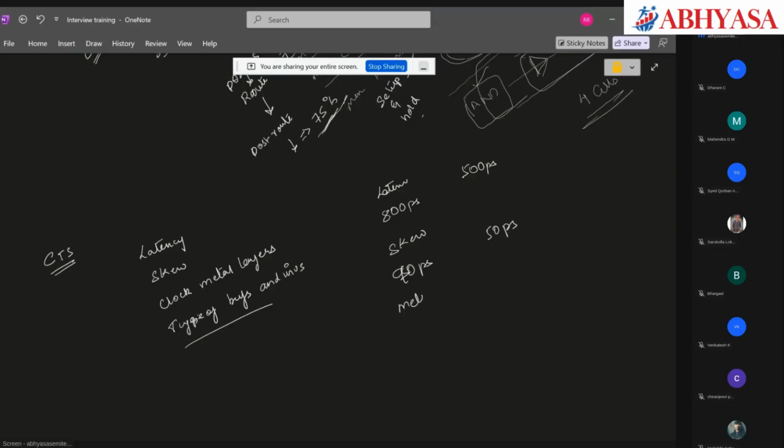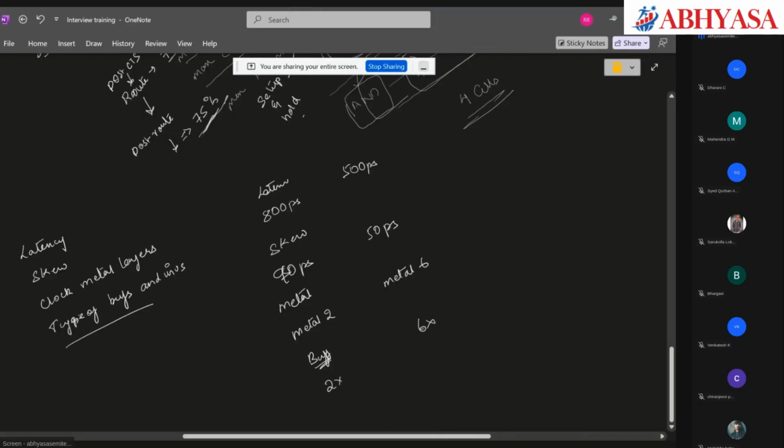Metal layers, let us say metal 8, metal 2, metal 6. Types of buffers and inverters: in this I will use a buffer 2x, in this I will use buffer 6x. Inverters and buffers will be same.